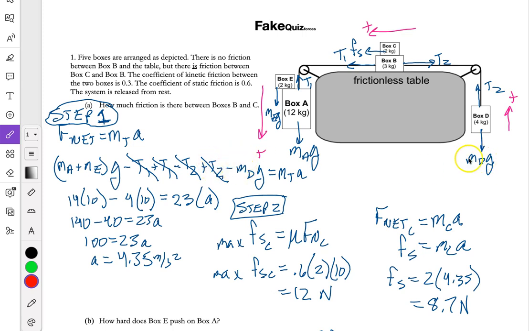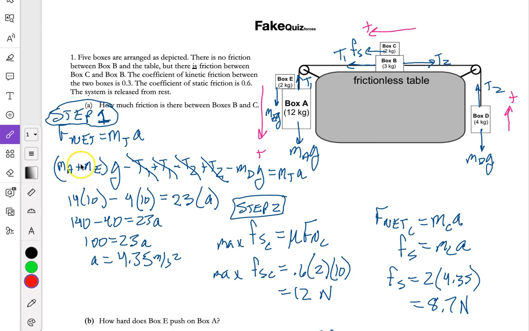I also have MdG going in the negative direction, and all that's equal to MTA. Notice I didn't do anything with the force of static friction on box C because it's outside of this line that we have that's connecting the other boxes.